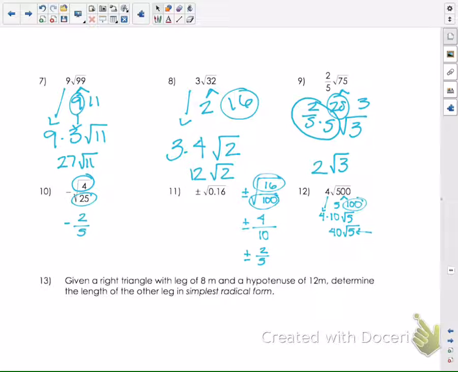So for those of you that on number 8 went with 4 and 8, let's just go back up there quick. If I had gone with 4 and 8 for 32 and I square rooted 4 and got 2 and that went out with a 3, I'd have a 6 outside and an 8 inside. I cannot say that that's perfectly simplified because 8 splits into what? 4 and 2.